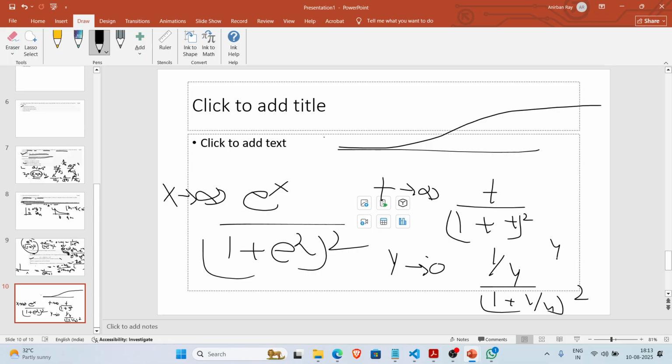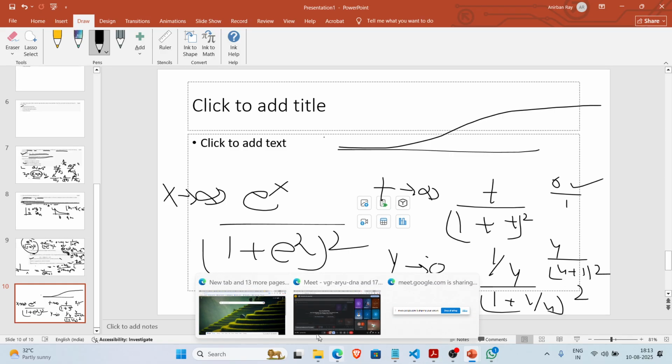Multiplying by y square, what you get? y plus 1 whole square. So now put y equals 0 here. What you get is 0 by 1 form. So the answer is 0. So at infinity it tends to 0.